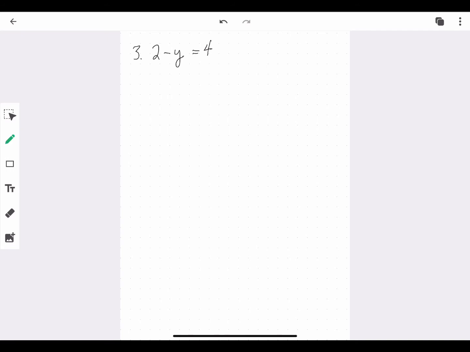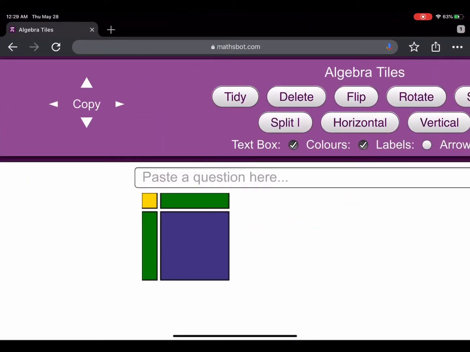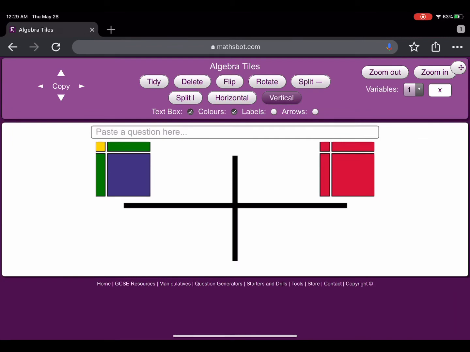So let's jump over to here. Oop. Wow, why did I get suddenly very close? There we go. And now I'm suddenly very far, whatever. Okay, let's see. 2 minus y equals 4.